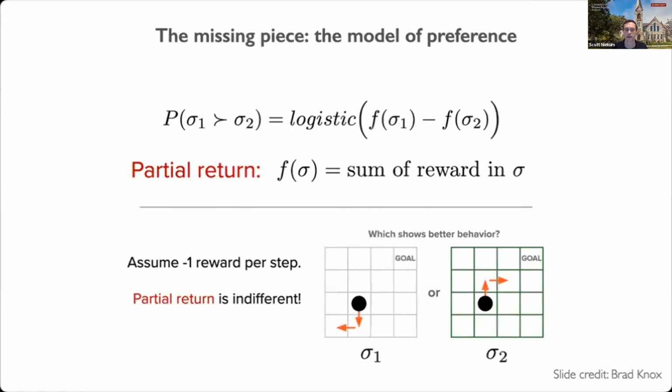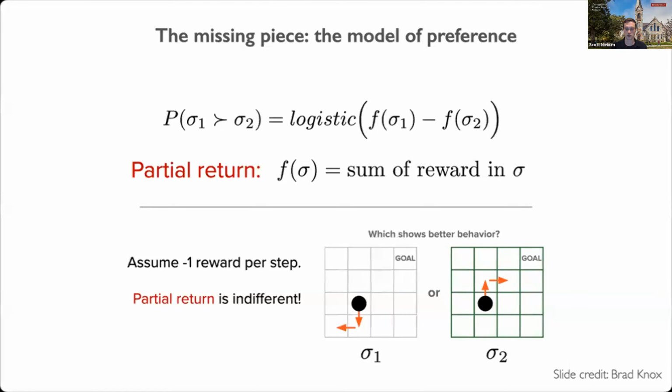So what's a hint that partial return might be a bad model of people's preferences? Well, if we take a look even at this really simple grid world environment, imagine that the person has a really simple reward function in their head, where they just want the agent to get to the goal as fast as possible. One reward function that would do that is just -1 at every time step, right? And so the agent will just want to finish as fast as possible.